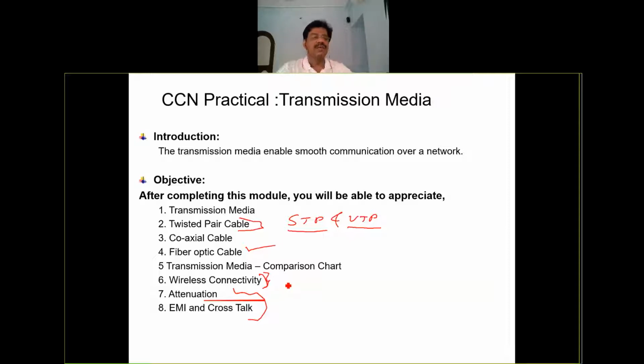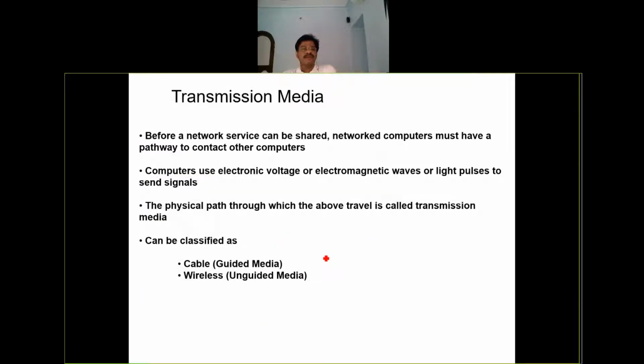Along with the attenuation, these are some of the errors or drawbacks associated with the communication media. Two types of communication media can be utilized: the first is the guided media and the second is the unguided media.